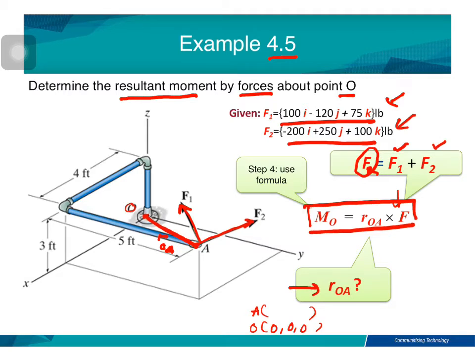A we have 4I, 5J, and 3K. So the ROA is A minus O. So we can have 4I plus 5J plus 3K.